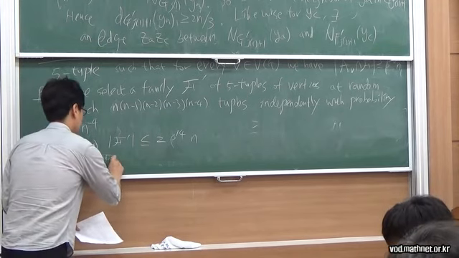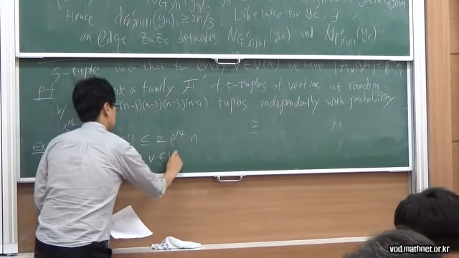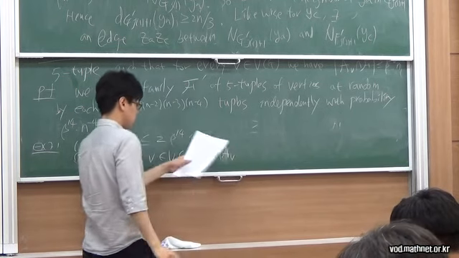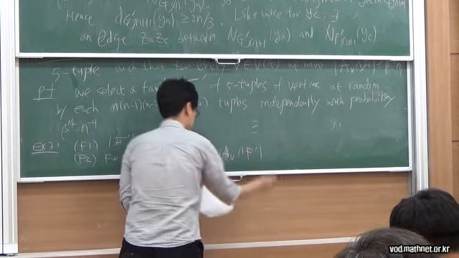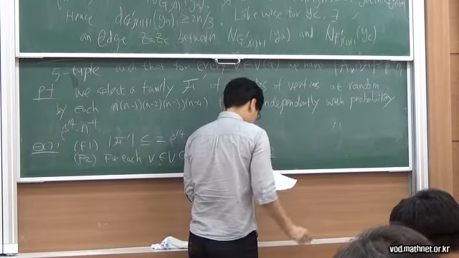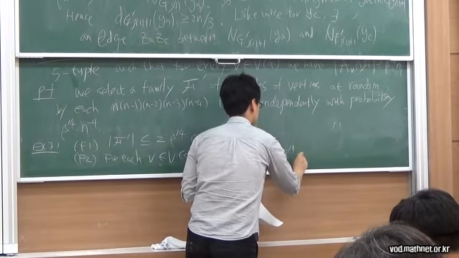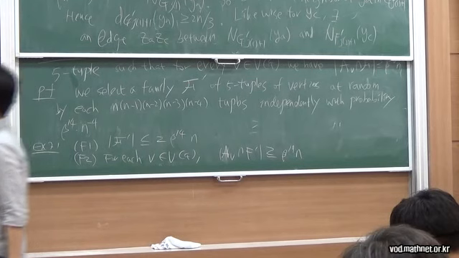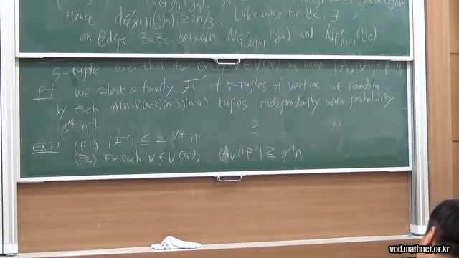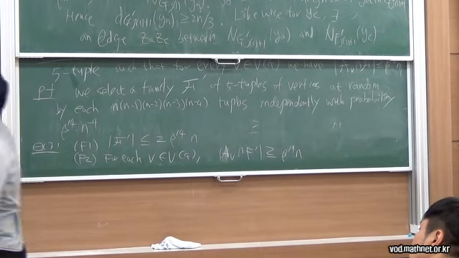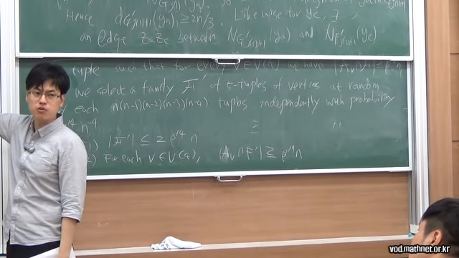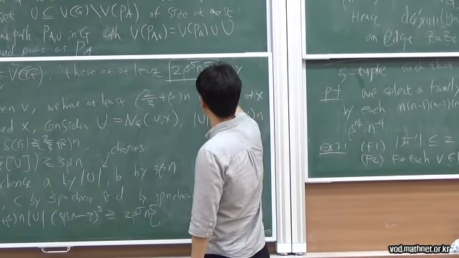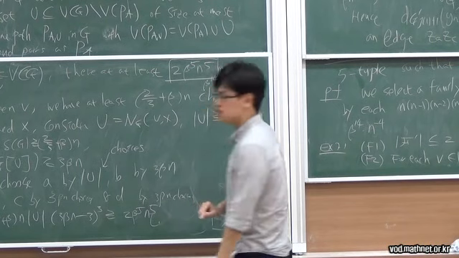And for each B, the number of 5 tuples in F which observe this B is at least beta to the 19n. Because, what have we said? For each B, we have at least this many 5 tuples observing that specific vertex B. And the probability that we choose each of them is beta to the 14 times n to the negative 4.